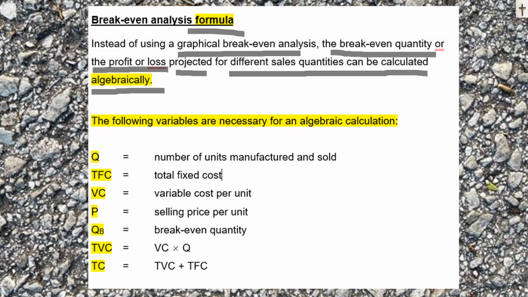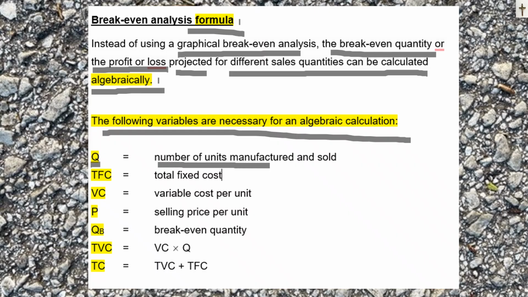Now, in order to do this, to calculate break-even analysis using algebra, we need the following variables. We need Q. Remember now, Q is the number of units manufactured and sold. So produced and sold quantity.